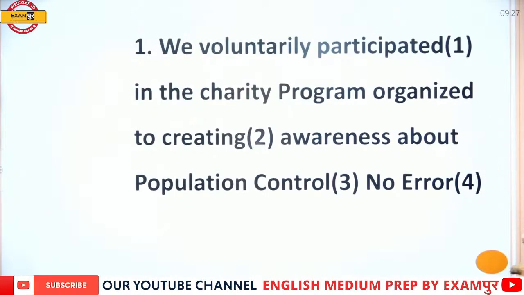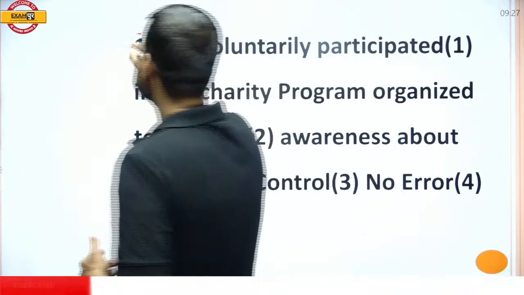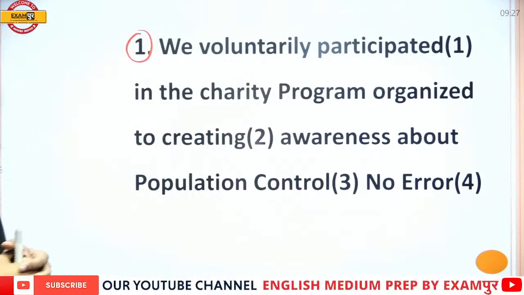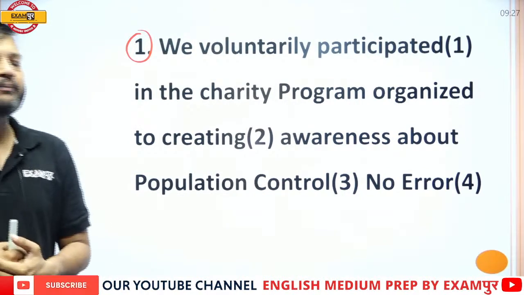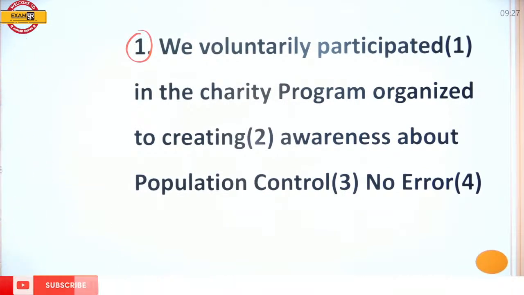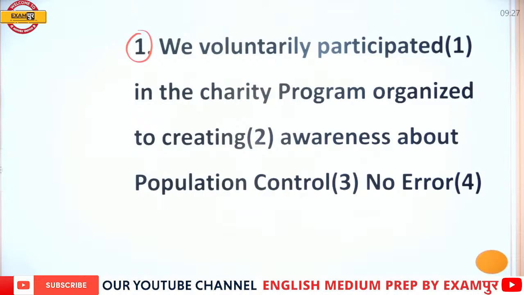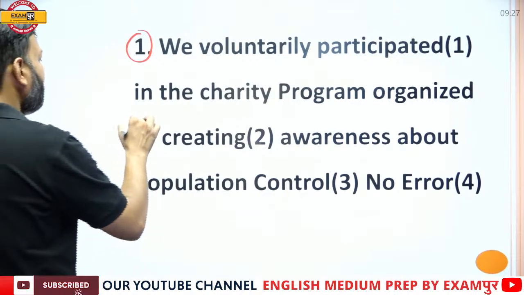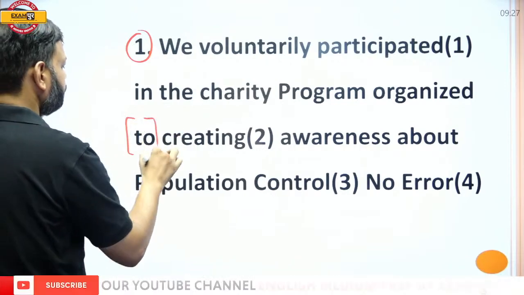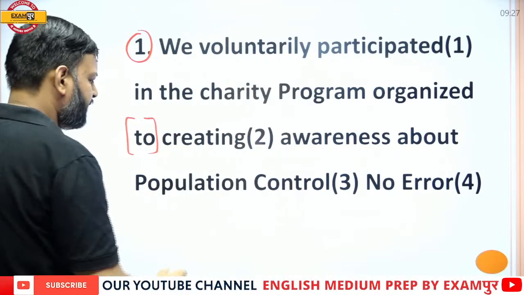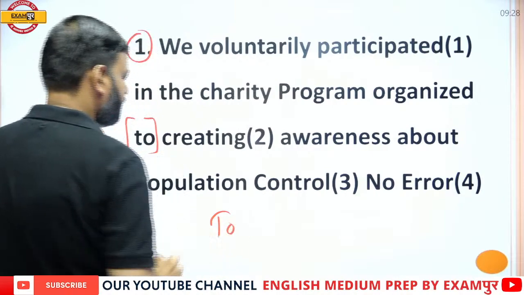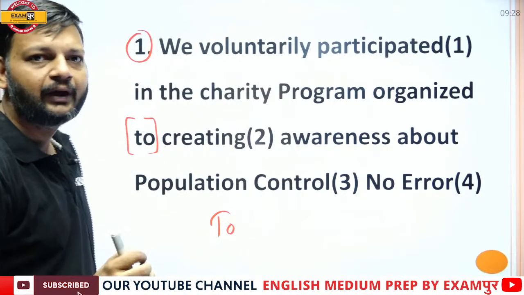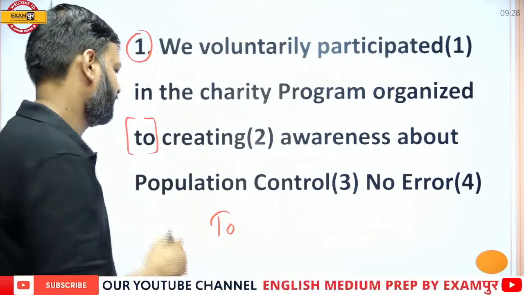So question number one: we voluntarily participated in the charity program organized to creating awareness about population control. Now in this sentence we have to. Keep in mind that the word to has two different meanings.